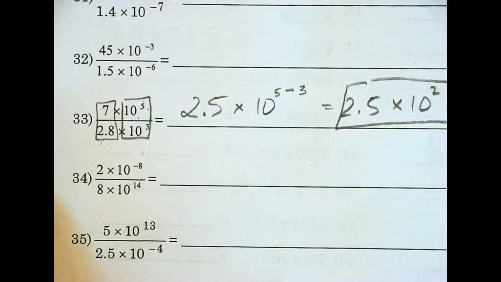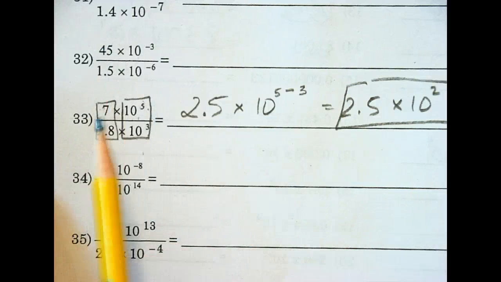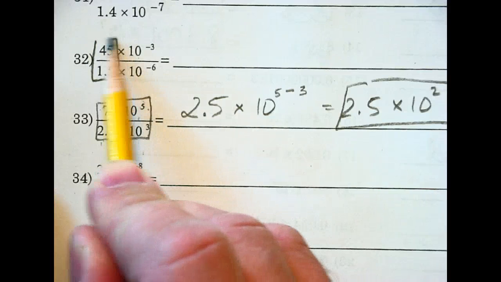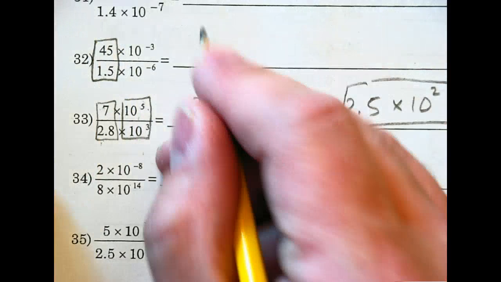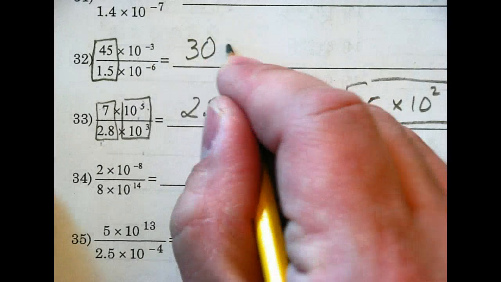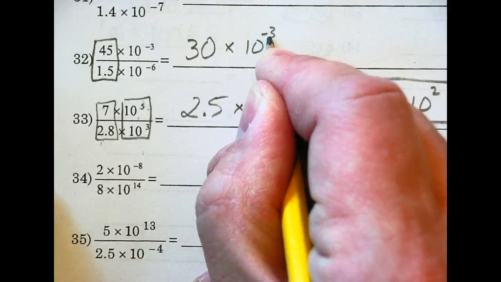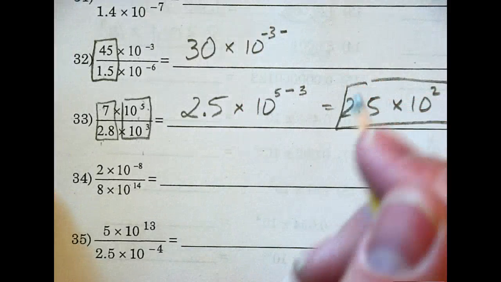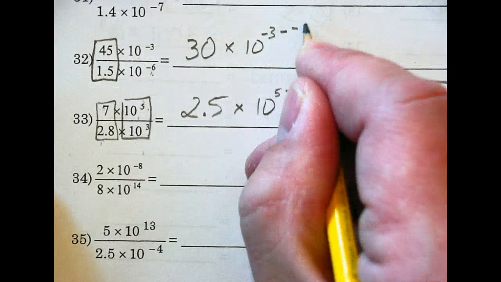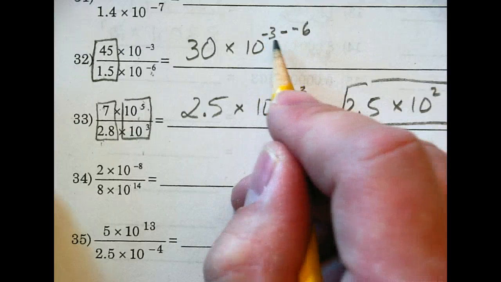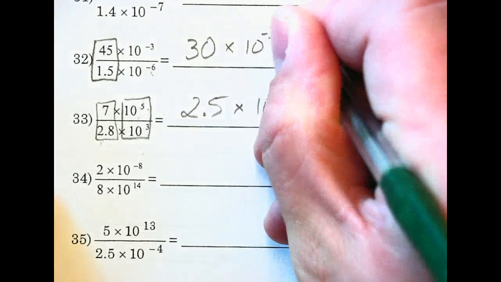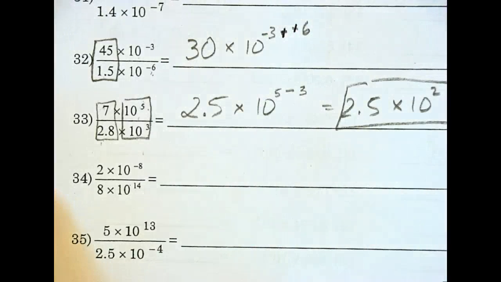Okay? Now that gets a little more confusing when you do one like 32. Because you do 45 divided by 1.5, which is 30. And then you go times 10 to the negative 3 minus what? Minus negative 6. It's not minus 6, it's minus negative 6. Now what happens when you have 2 negatives next to each other? Makes a positive. So negative 3 plus 6 is 9?